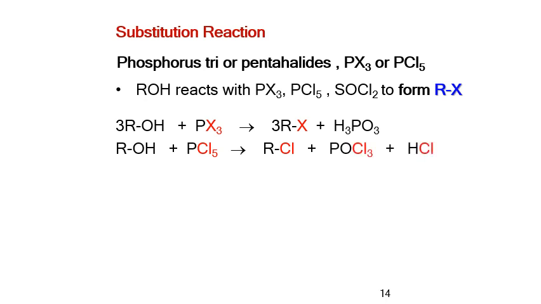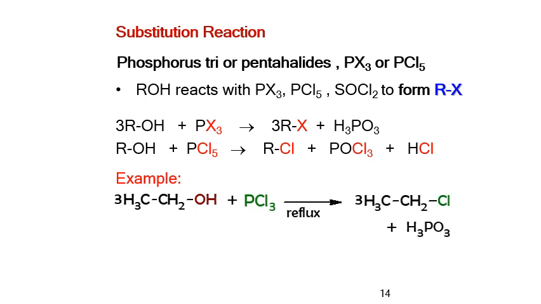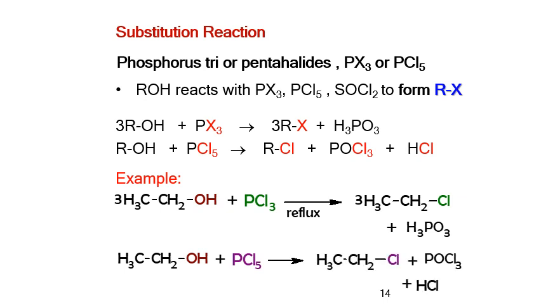ROH treated with PCl5 produces RCl plus POCl3 plus HCl. For example, 3 mole of ethanol treated with PCl3 under reflux produces 3 mole of chloroethane and H3PO3. And another one is ethanol treated with PCl5 produces chloroethane and POCl3 plus HCl.